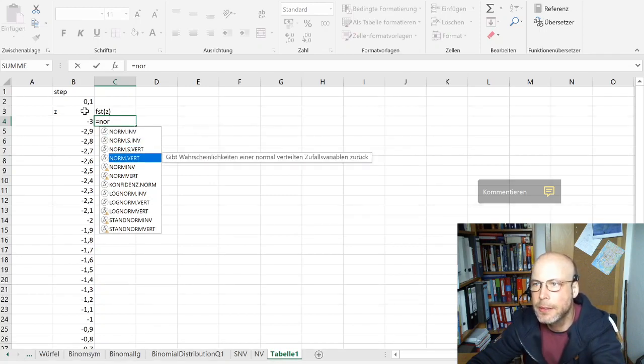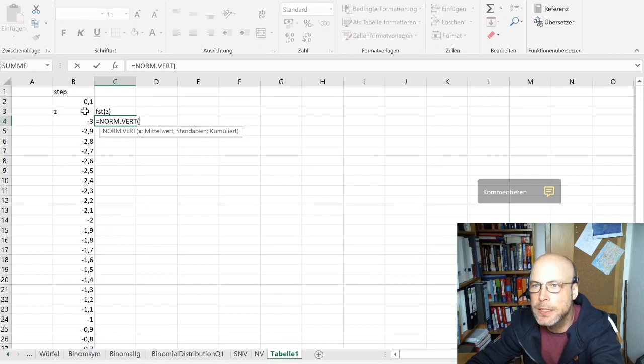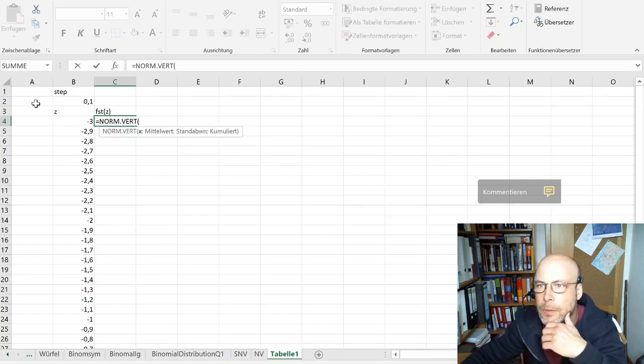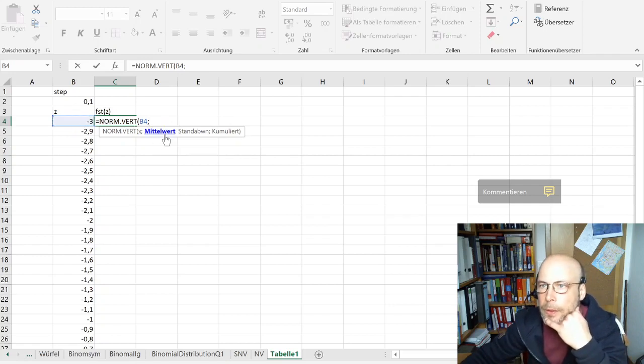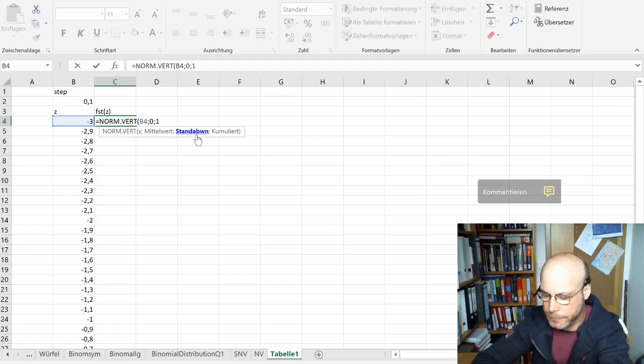Then it is NORM.VERT. Then we need here, you see, the x is -3. Now Mittelwert is mean, for the standard normal distribution it is 0, sorry, and Standardabweichung, standard deviation, is 1.